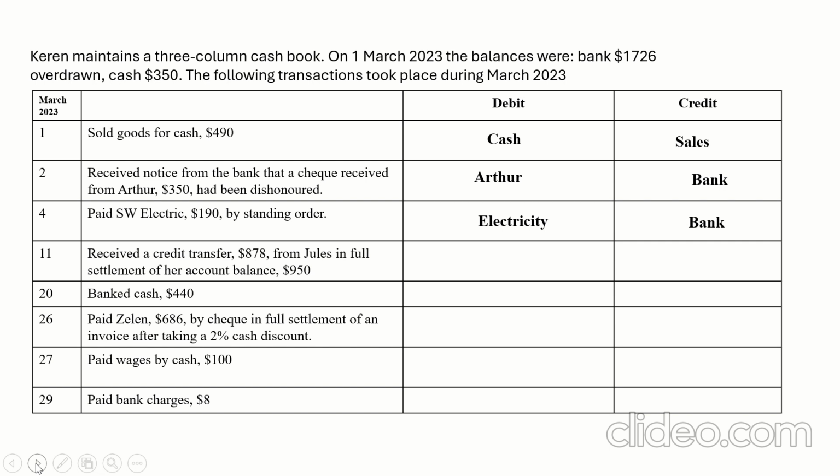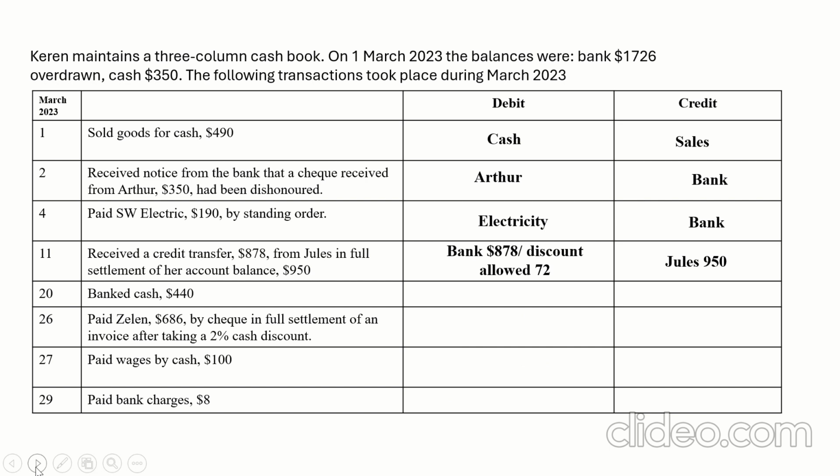As you can see here, there is a difference between the amount transferred and the amount this person owes to pay. Therefore, there is a discount. Bank debit 878, discount allowed debit 72, and credit Jules' account by 950.